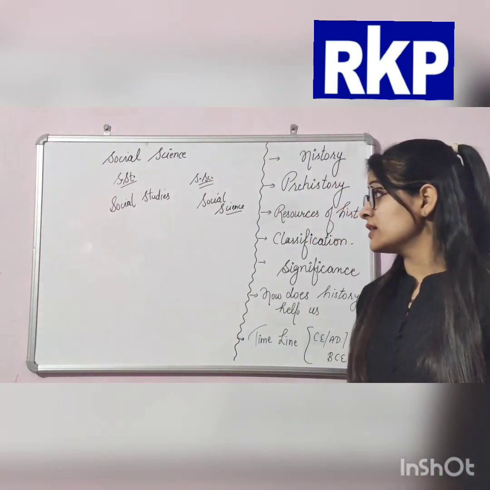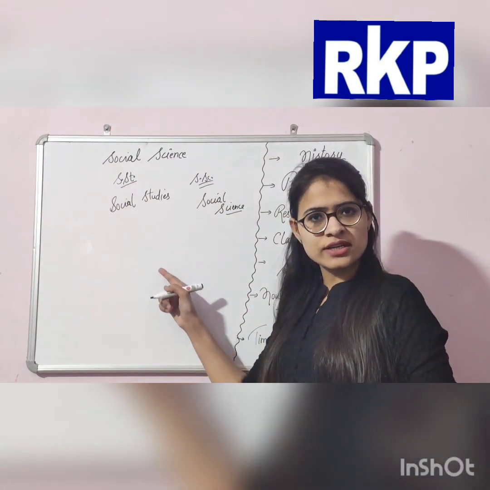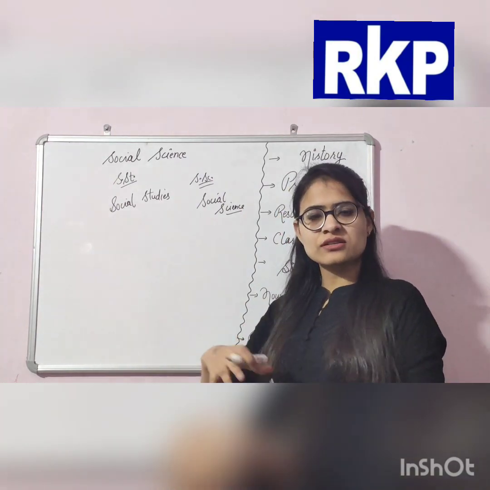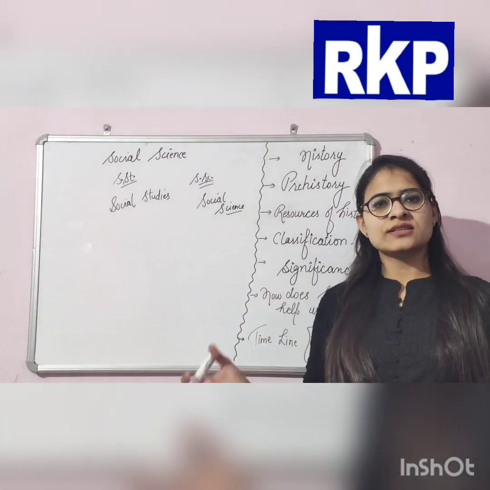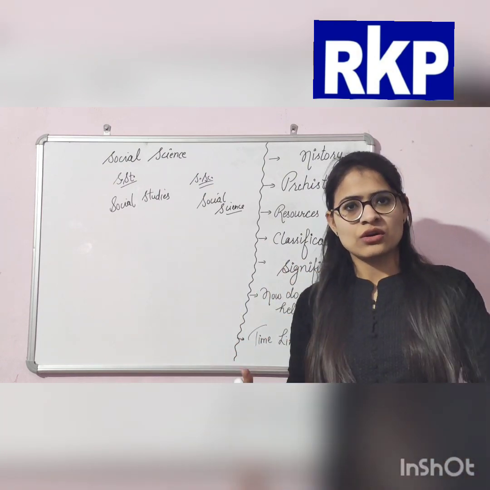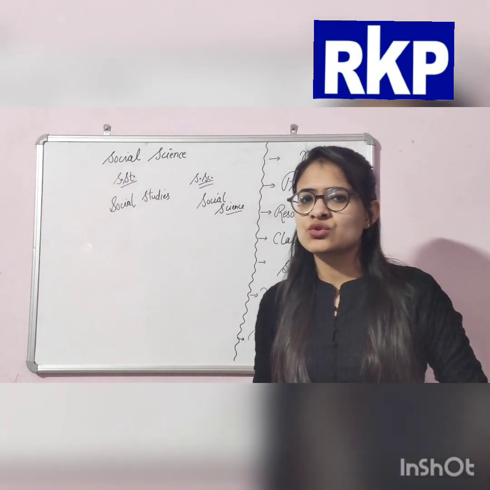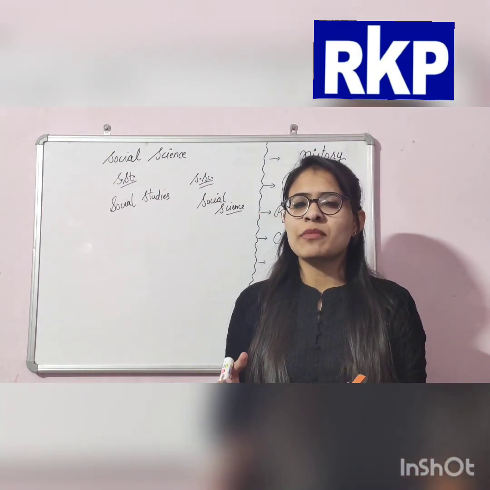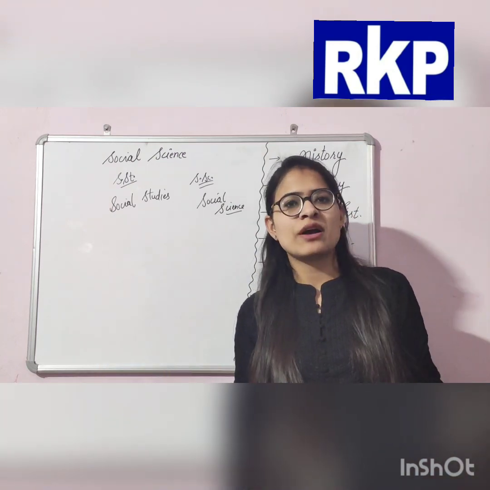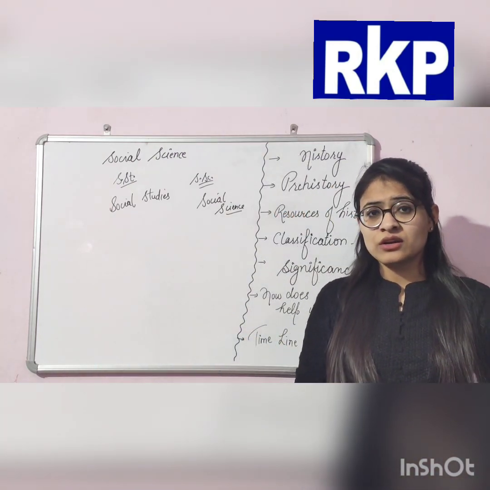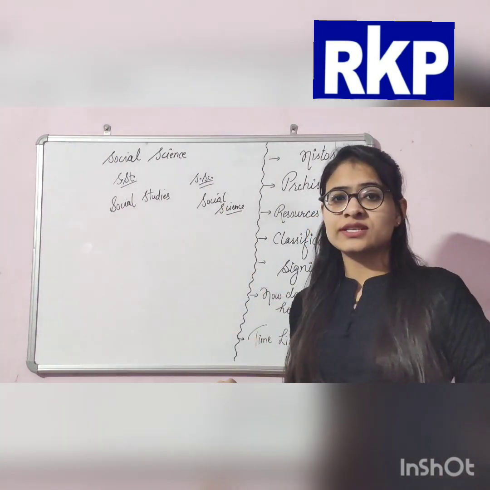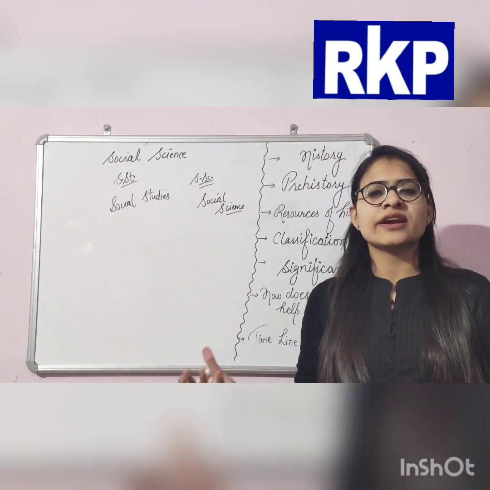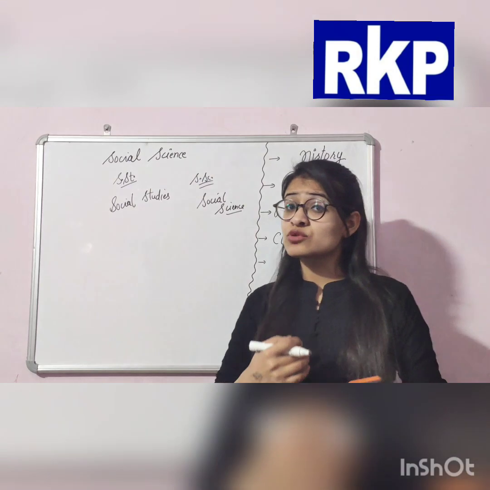Second, social studies is from class 3rd to 5, and social science is from class 6 onwards. In social studies we study about our surroundings, our environment, and our society. When some scientific terms are added to this subject, it becomes social science.